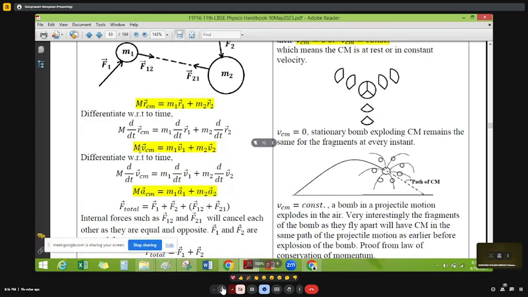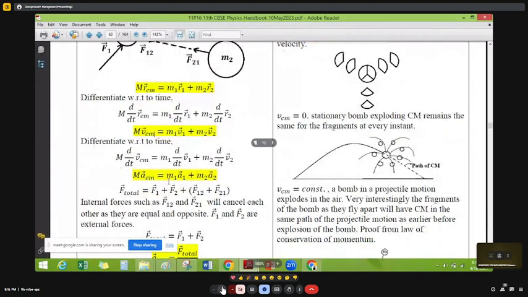So you can see that there is a direct link between this and this. If we further differentiate, you will get acceleration. So total force is equal to F1 plus F2.